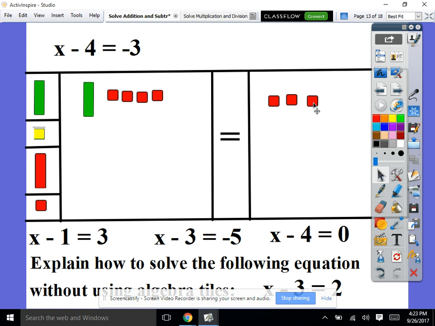Now, I could take away a negative, but remember, what's minus negative really mean? It means add. So can I add 4? And if I add 4 to that side, I need to add 4 to this side.